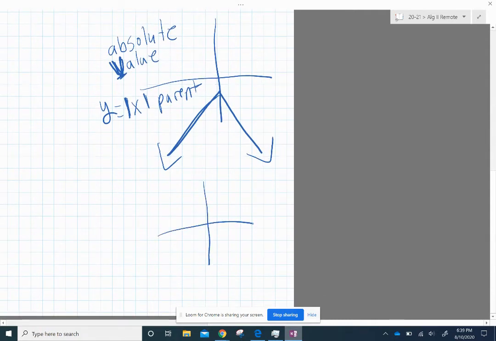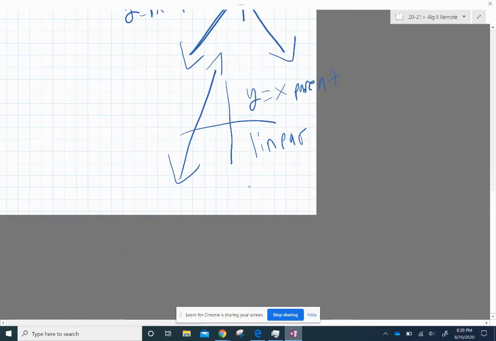So here's another graph. And what do we have here? Well, that's our good old friend, the line. That's y equals x. Oh, I didn't know I could write out there. It's y equals x, or linear. And if you've been counting or paying attention, we have one left.